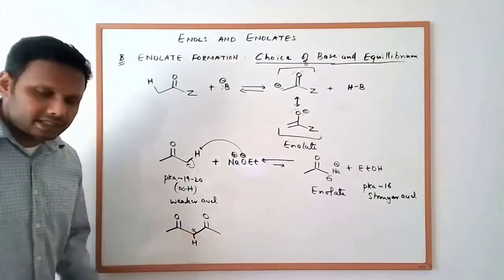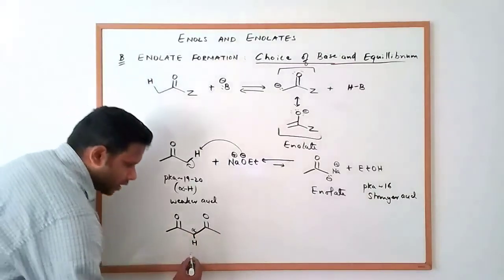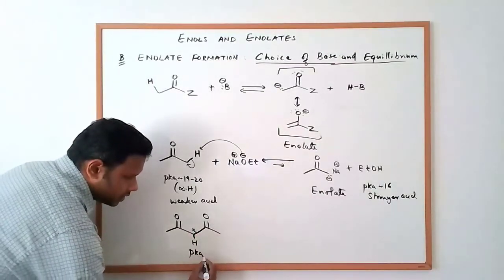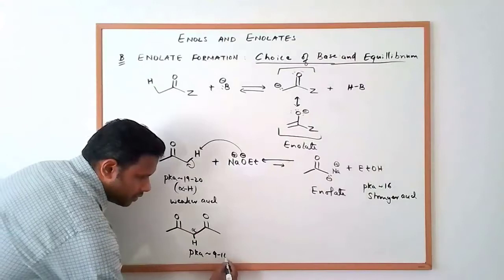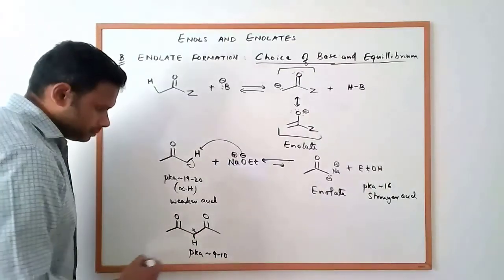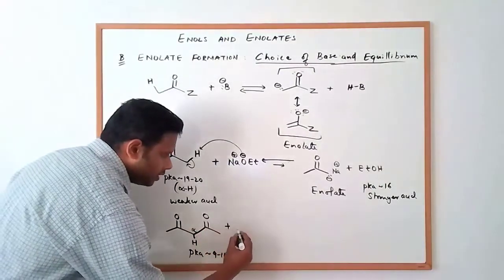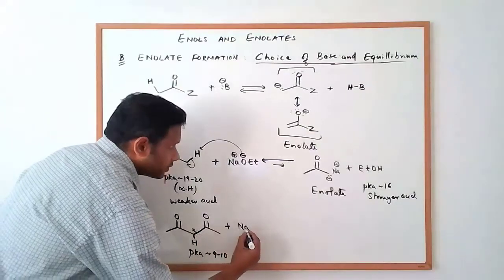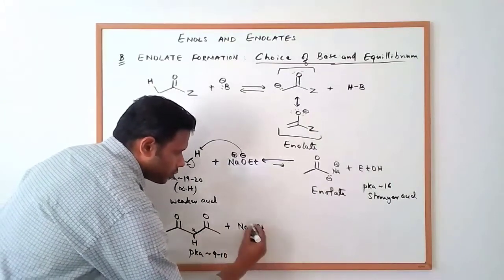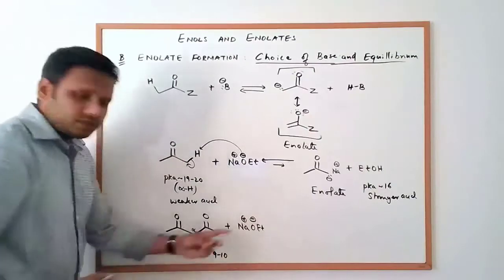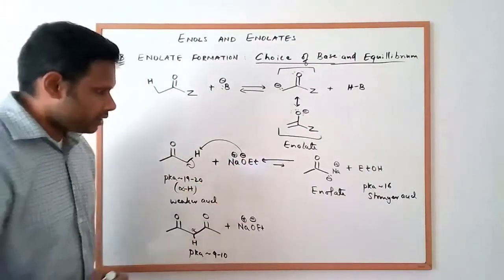So that's the most acidic alpha carbon, and the pKa for this carbon is around 9 to 10 pKa units. Now if you react this compound with sodium ethoxide, we're not changing the base, we're still using the same base.